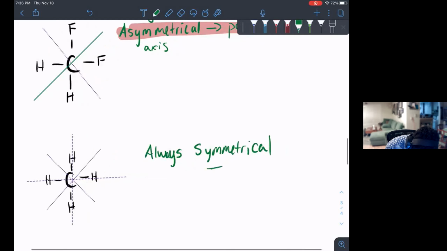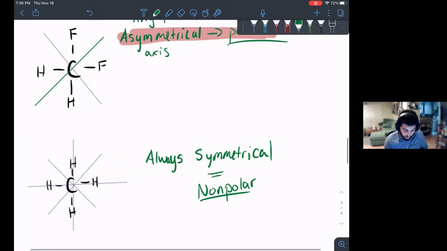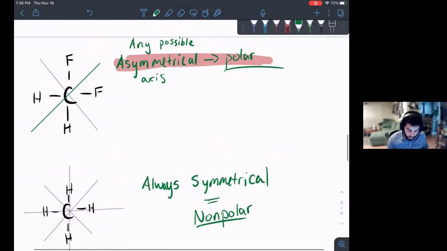Therefore, it is non-polar. So that is the easier way of doing this. If you can see things in 3 dimensions, it really helps out. And we can work on this more. But if it's always symmetrical, it's non-polar. If it's asymmetrical in any way, shape, or form, it's going to be polar.